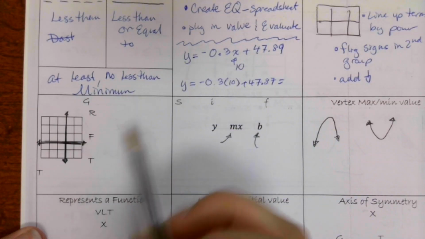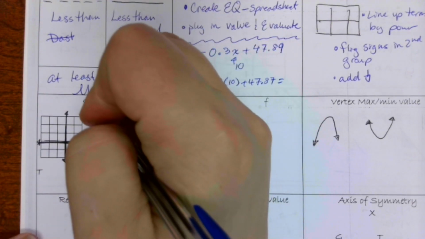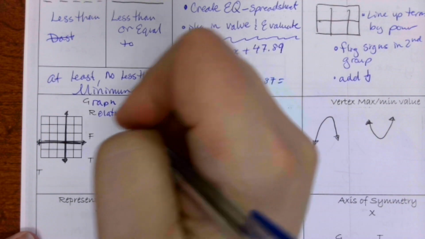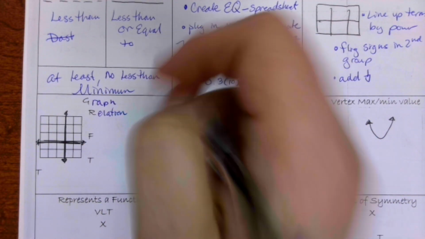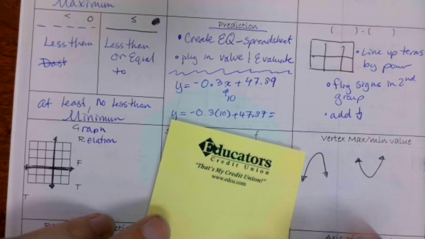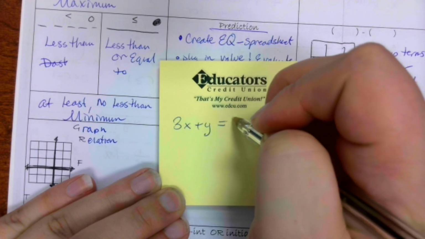Okay, this is for a graph. For a relation, which means anything that's not y equals, let's say it's like 3x plus 2, so anything like x and y are on the same side.